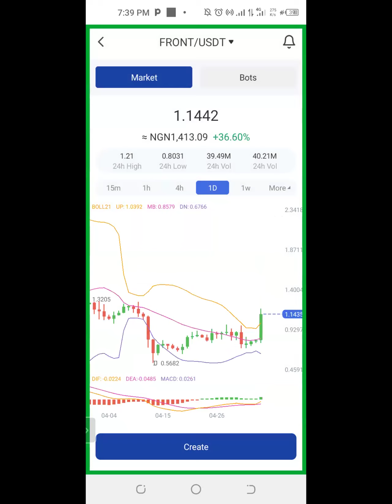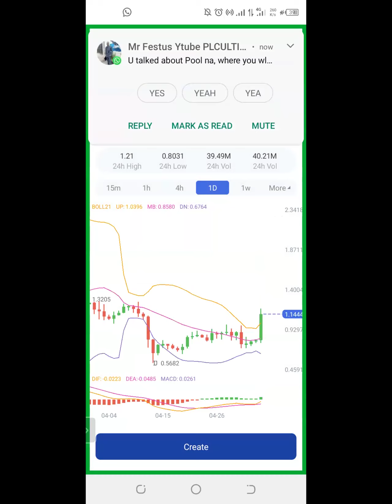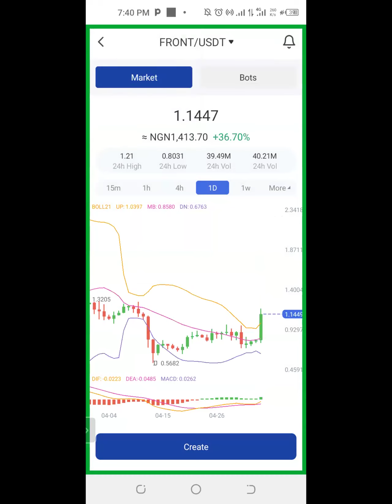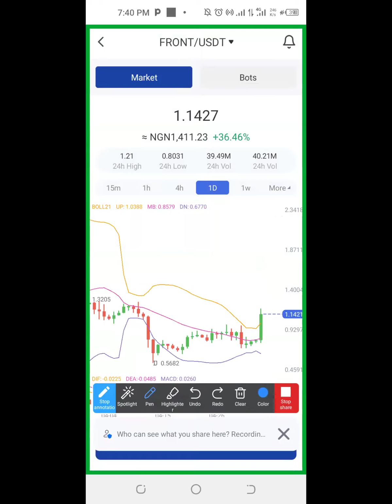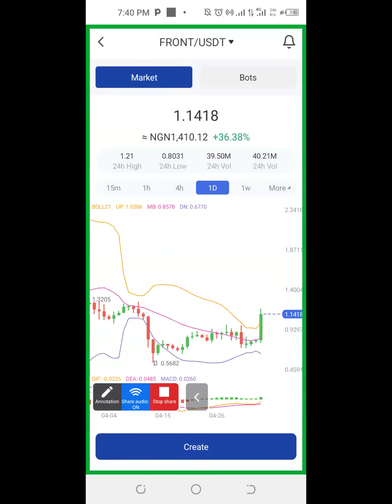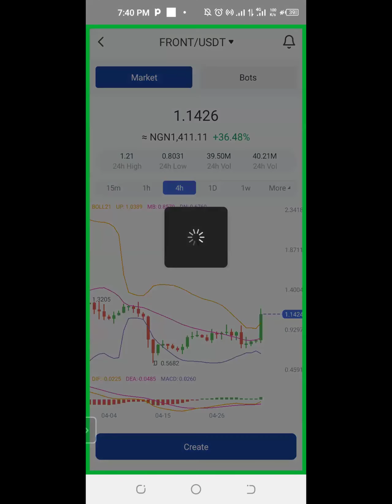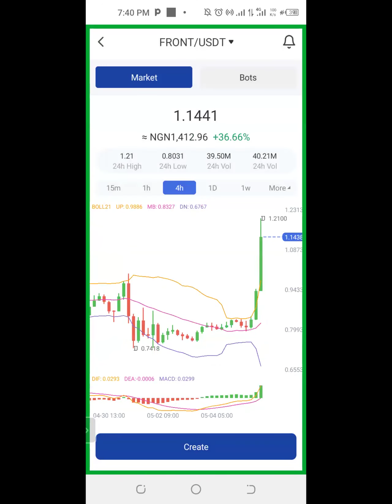I'm already seeing it, because I have an account that has been trading this coin for a very long time. You can see that this coin on the 4-hour chart, the coin has gone beyond its level. Sorry for people that don't understand Yoruba.